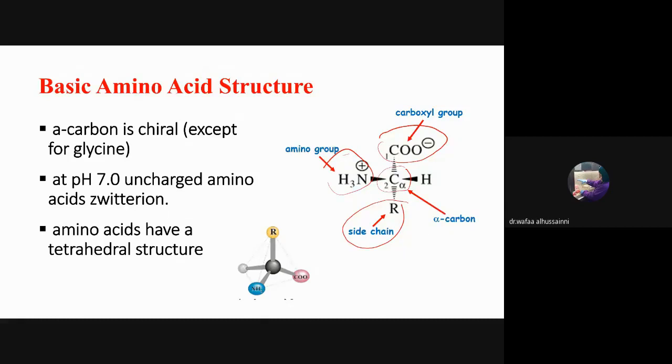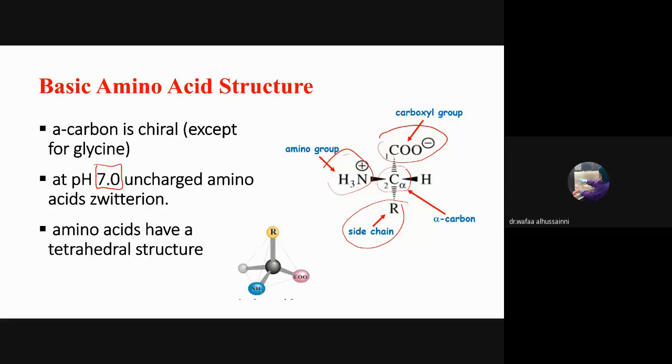Now, who can tell me what the word zwitterion means? Has anyone heard this word before? So zwitterion means that the molecule contains equal amounts of positive and negative charge. Okay? So at pH 7, every amino acid becomes a zwitterion.